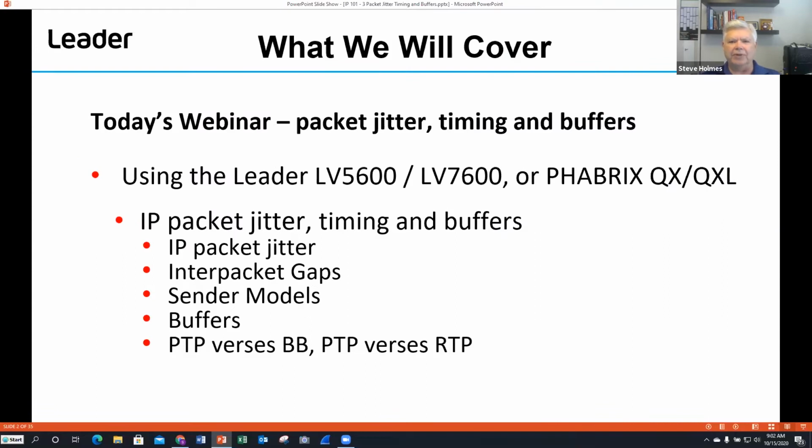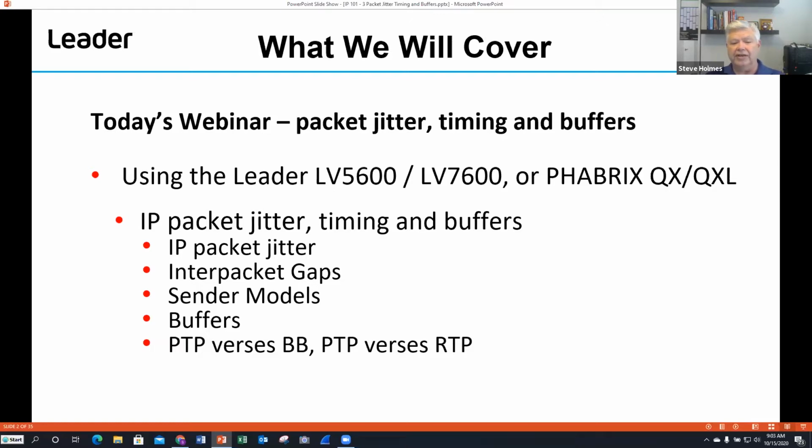So in today's webinar, as we've indicated, we're going to be looking at packet jitter, timing, and buffers. What is packet jitter, what causes it, and looking at inter-packet gaps and what this means, and how this all comes about, and when it's in trouble and when it's not in trouble.